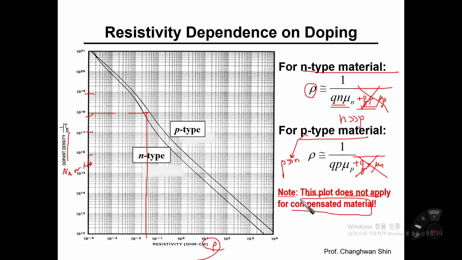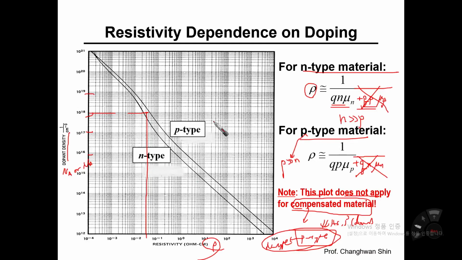Okay, but here notice that this plot does not apply for what? Compensated material. What is a compensated material? Originally it was P-type, but by adding much more arsenic or phosphorus, which are donors, it has been inverted into N-type material. Then this material is named a compensated semiconductor material. So in a compensated material, this plot should not be used at all.